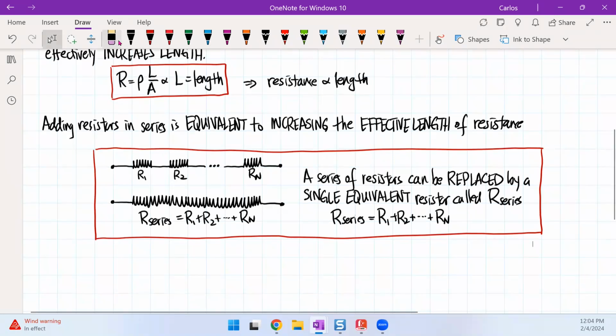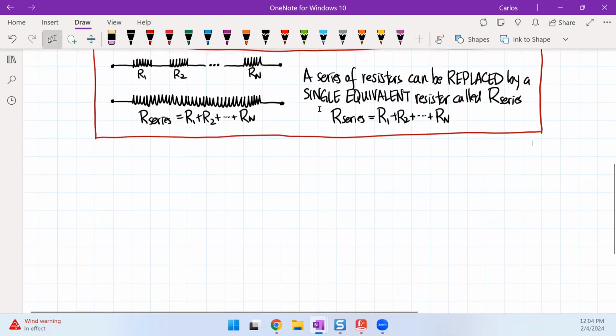So picture-wise, or circuit-wise, how do we draw this?